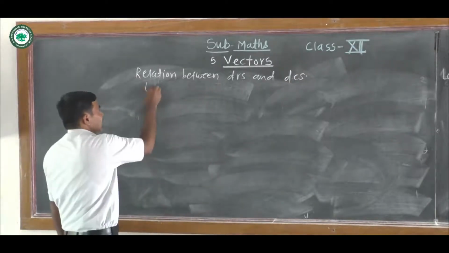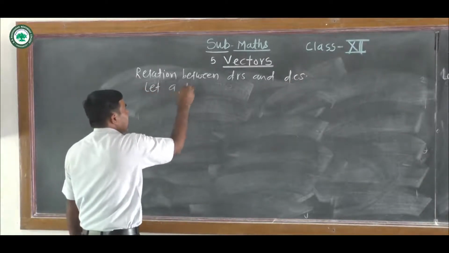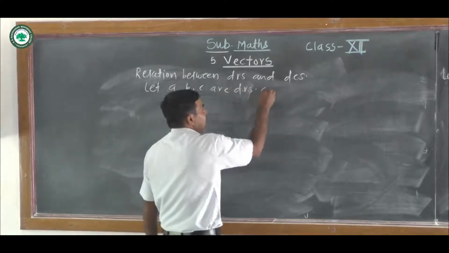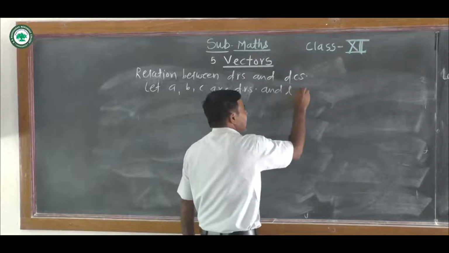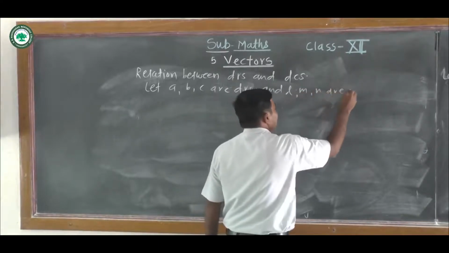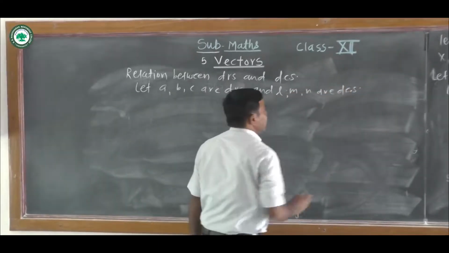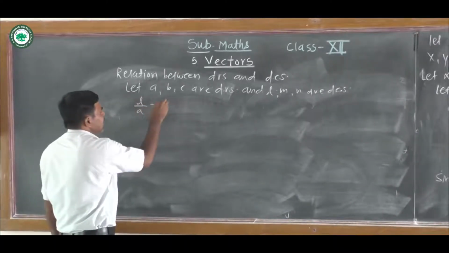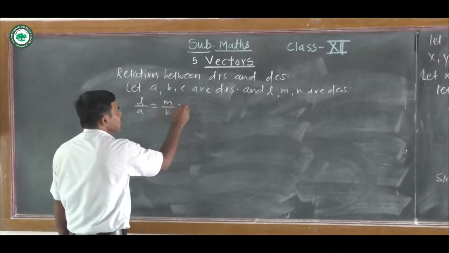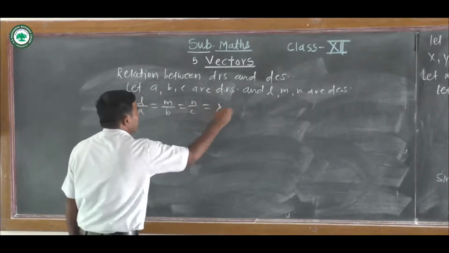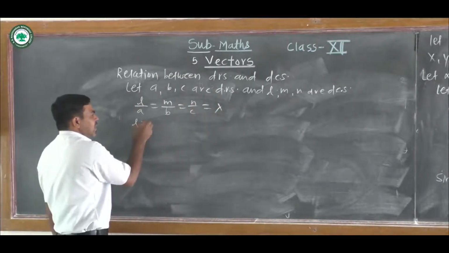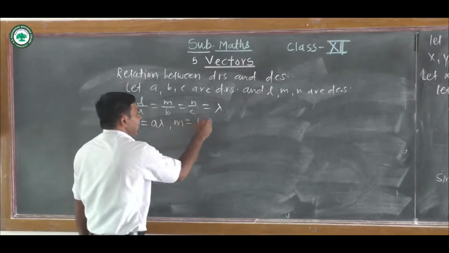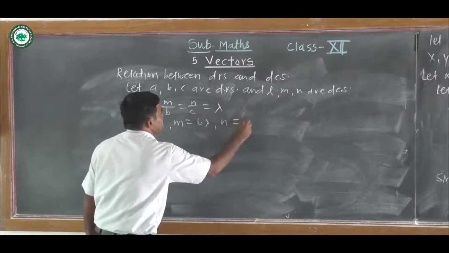So let A, B, C be direction ratios and L, M, N be direction cosines. Then we have L upon A is equal to M upon B is equal to N upon C is equal to lambda. So from this relation, L is equal to A lambda, M is equal to B lambda, and N is equal to C lambda.